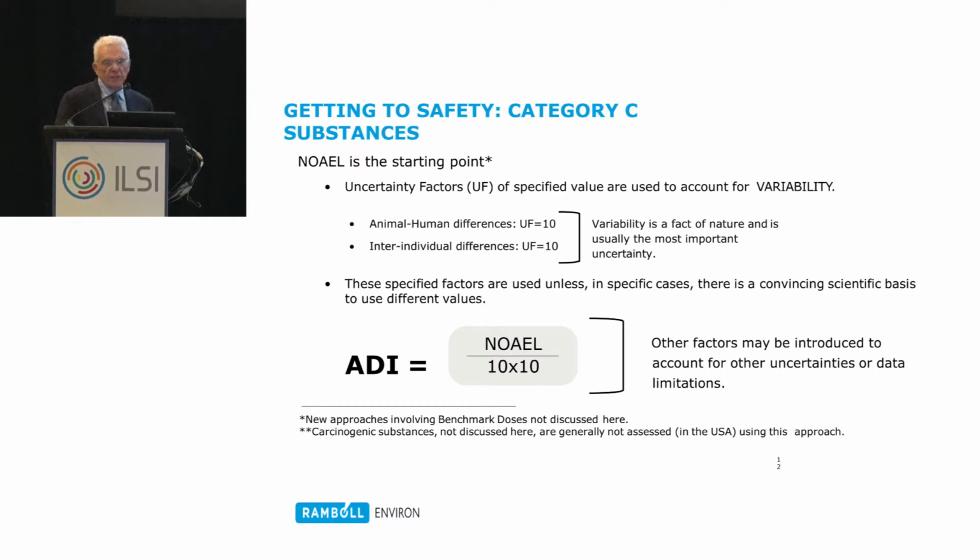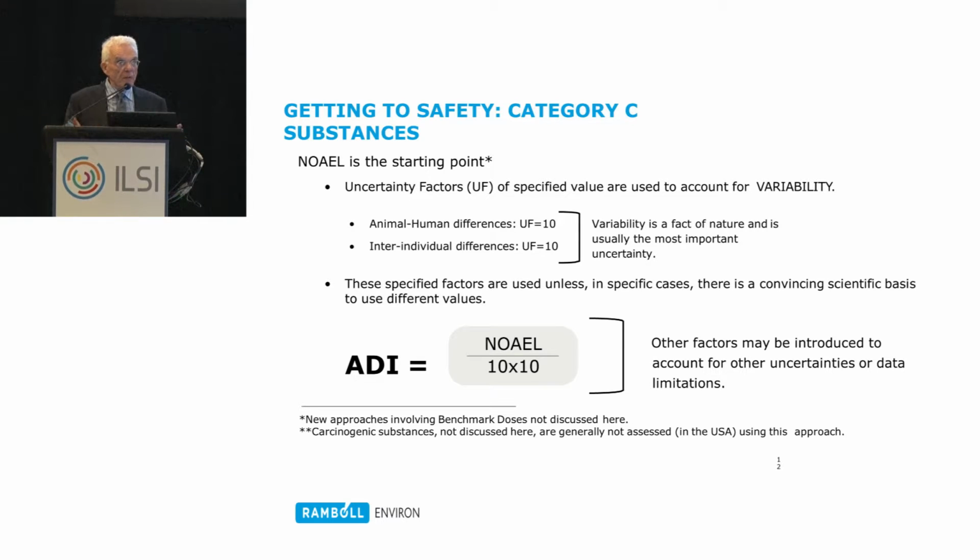Everyone knows this. You've seen this formula. We find the no observed effect level from animal studies, and then we worry about the fact of variability, that humans may be more variable in response than animals. And within the human population, there's more variability. We use these uncertainty factors of 10, and again, these are science policy judgments. They're not grounded in pure science at all.